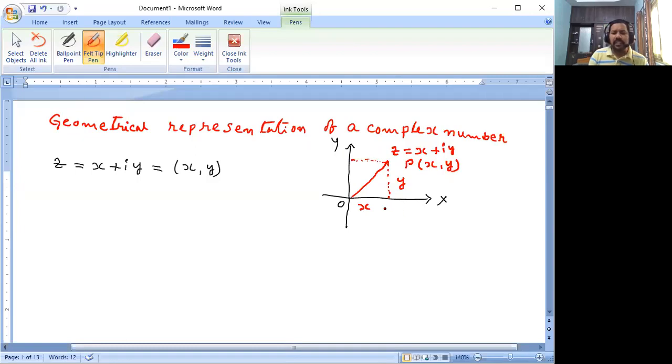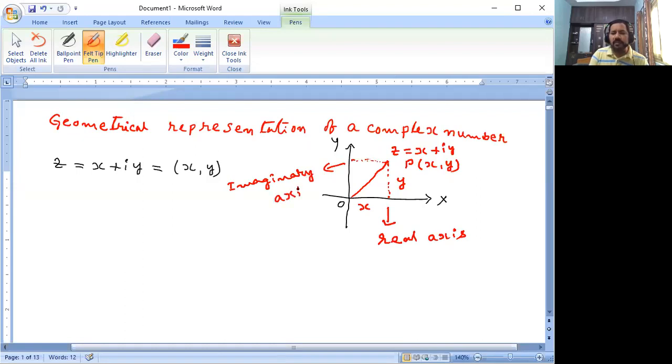In this case, the x-axis is called the real axis, and the y-axis is the imaginary axis.